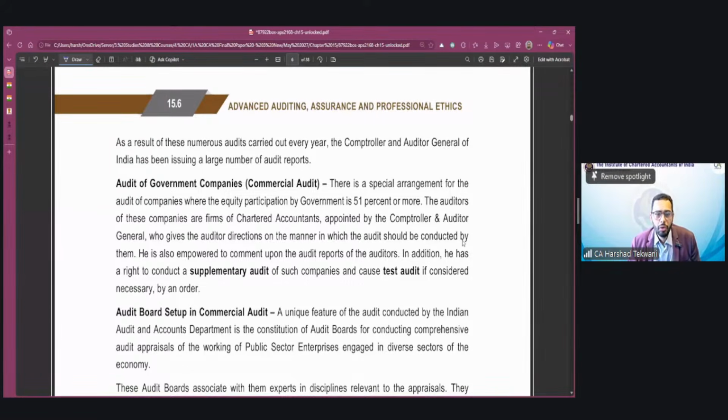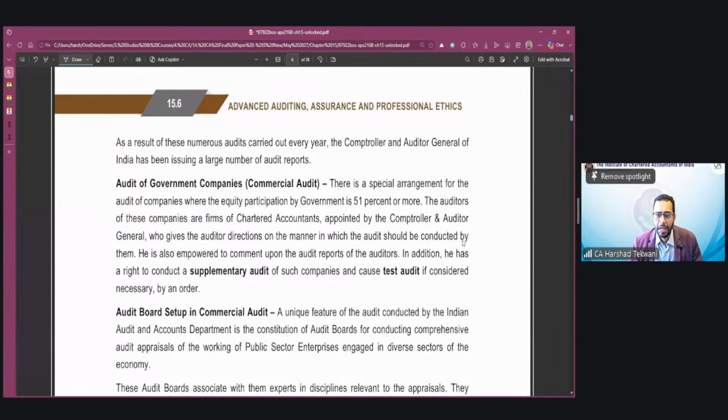So the respective provisions of the respective act will provide for the audit in case of the corporation. When I talk about NHAI or any other such body which is formed under a specific provision or law, the law itself provides for the audit. In a lot of cases the law itself provides for the audit, and accordingly the audit is required to be done based on that particular law. Clear?